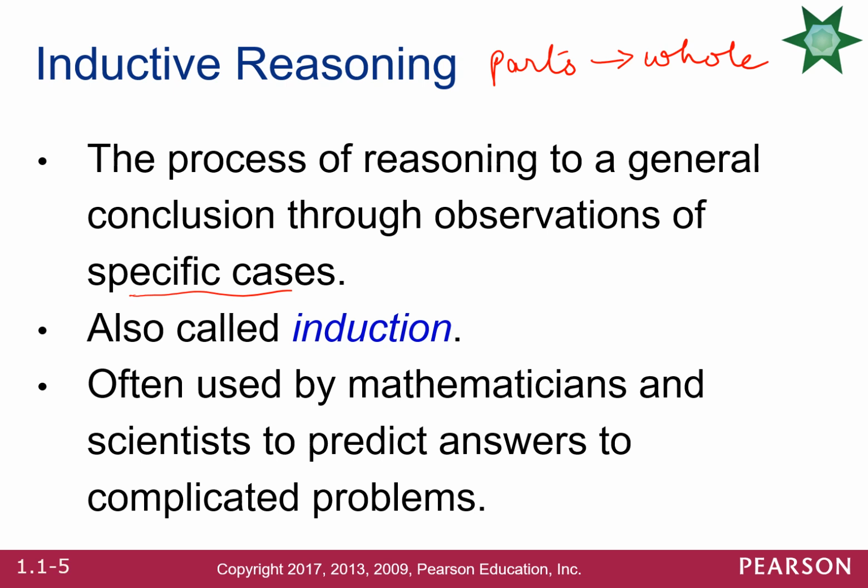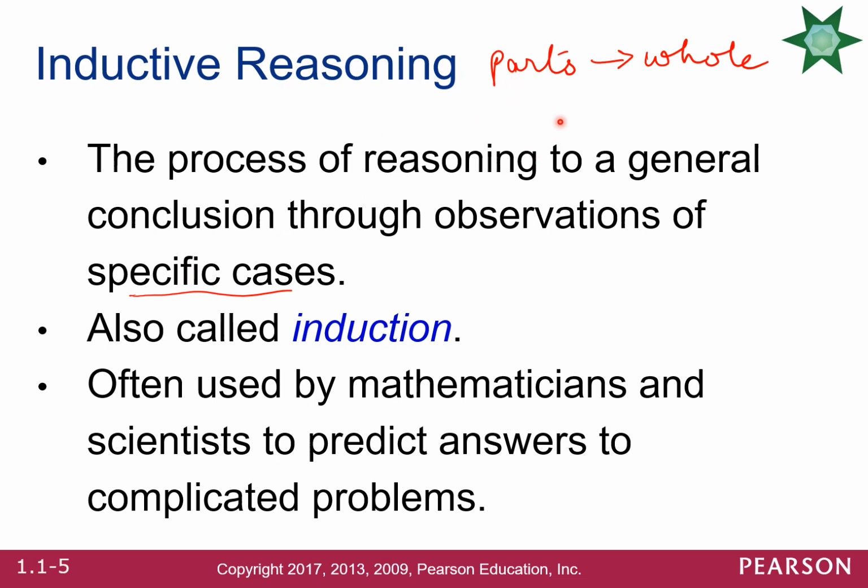All right, so here it says the process of reasoning to a general conclusion through observations of specific cases. So we start with a specific number of cases. All right, that's why I said parts.